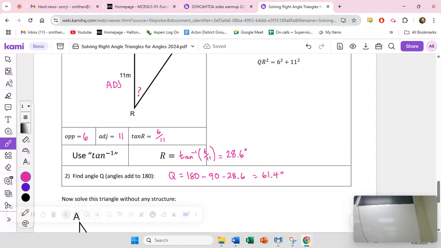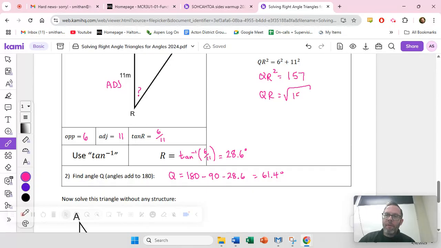I got my angles. You can double check them on the board. 36 and 121 is 157.